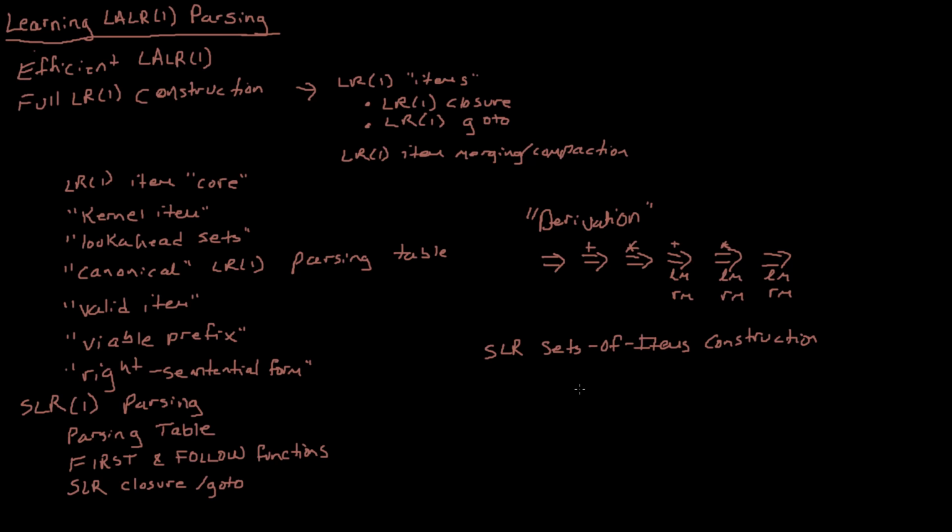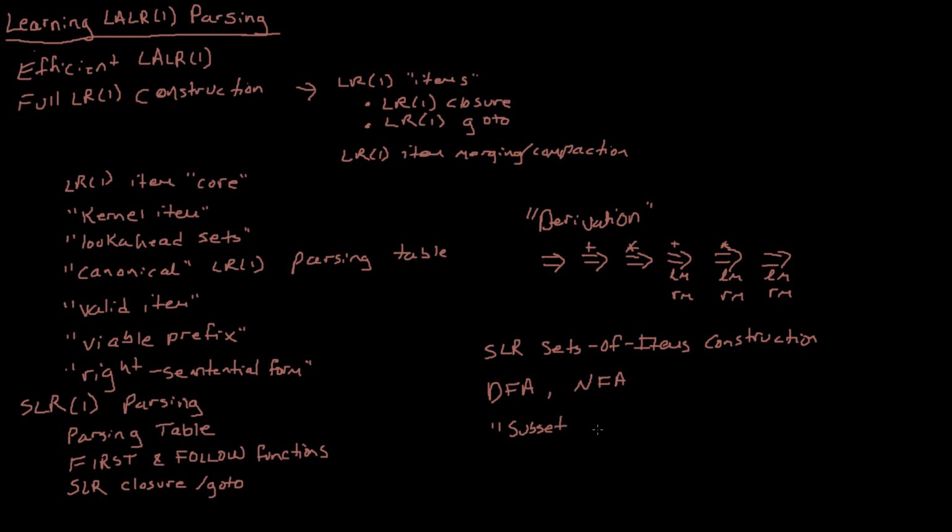Okay, and the narration around the sets of items talks about deterministic finite automata and non-deterministic finite automata, DFAs and NFAs, and they briefly mention in that discussion that this technique could be thought of as the subset construction.